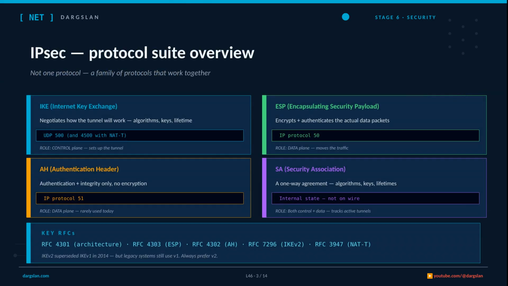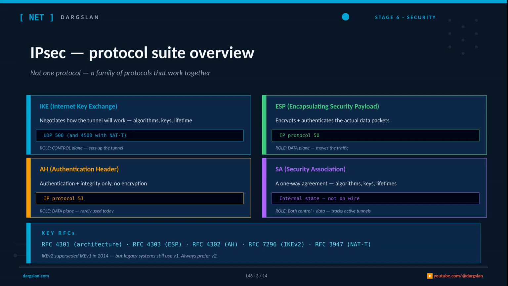IPsec isn't a single protocol, it's a family, and the cleanest way to keep them straight is the control plane versus data plane split. IKE runs on UDP 500, or 4500 when NAT-T kicks in, and its job is purely negotiation, agreeing on algorithms, keys, and lifetimes.